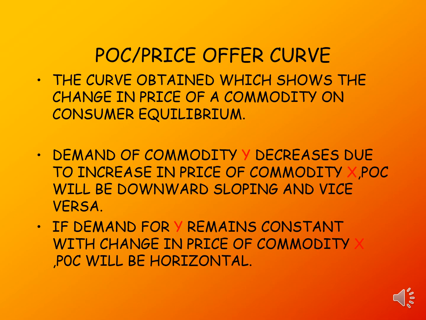Now there is price offer curve or POC. It is a curve which shows a change in price of a commodity. The graphical representation of price effect is shown through POC.